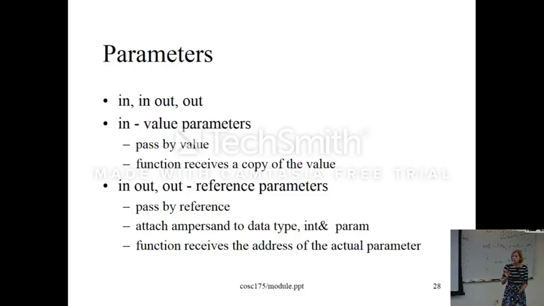Okay? Now, because I just declared these as integers with no special arrangements, this is called pass by value. Remind me what pass by value means again. The actual argument is copied into the formal argument. That's pass by value. So if L has a 5, what does length get? 5.